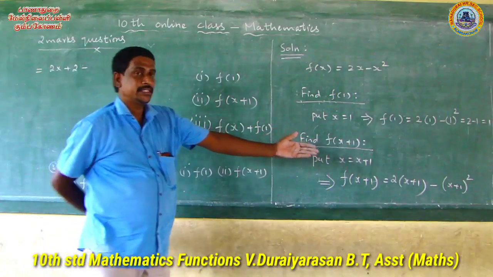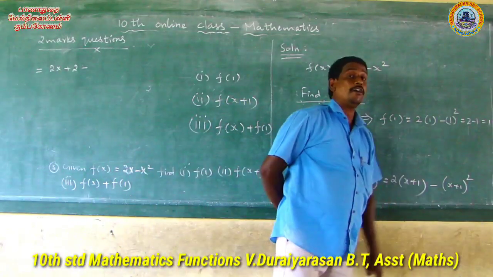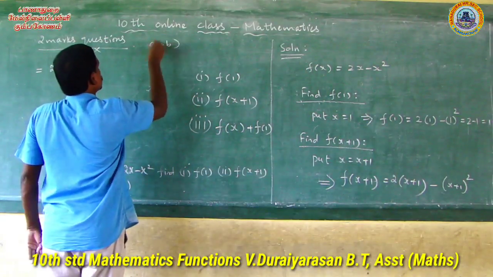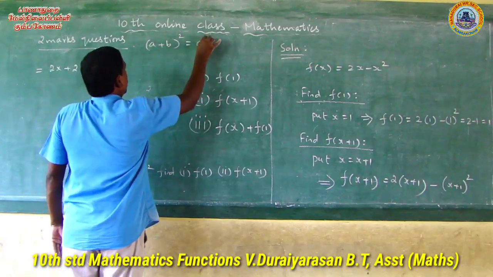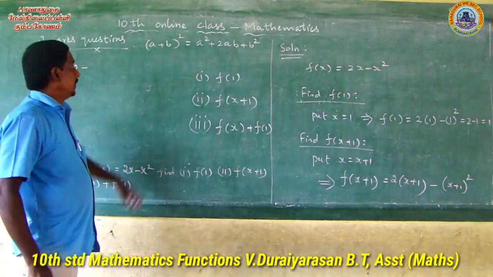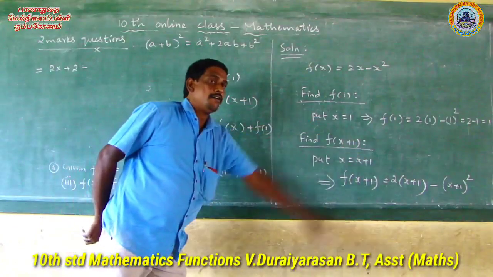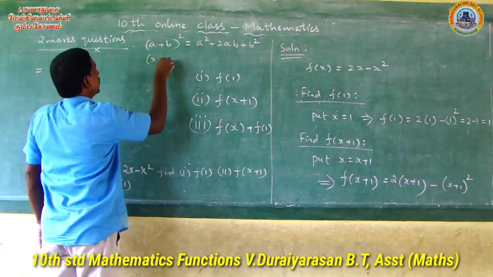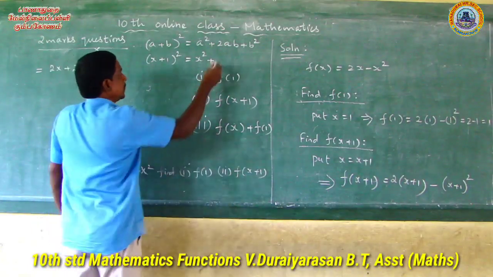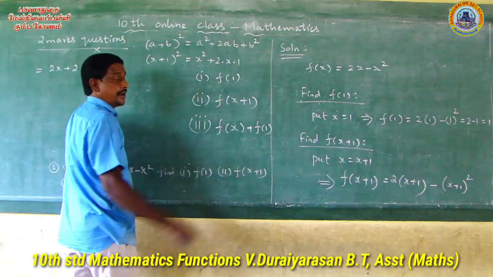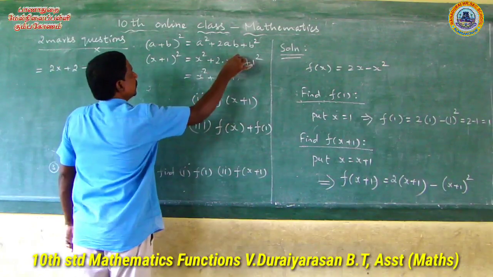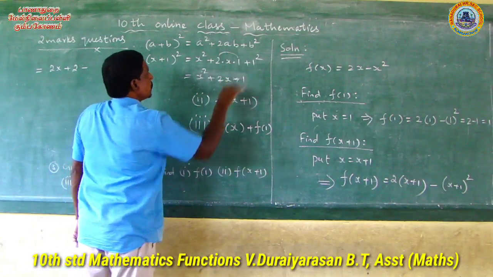What is the form? This is the identity of a plus b the whole square. A plus b the whole square is equal to what? a square plus 2ab plus b square. Here, x plus 1 the whole square is of the form a plus b whole square. So it equals x square plus 2 into x into 1 plus 1 square, that is x square plus 2x plus 1.